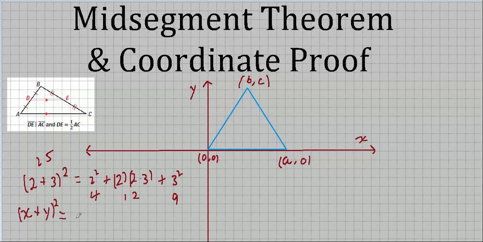Now, I can write out an expansion that you're probably familiar with. And the important thing about this expansion is it didn't matter what. X is any real number. Y is any real number. So when I write this expansion, it must be true for any real number.